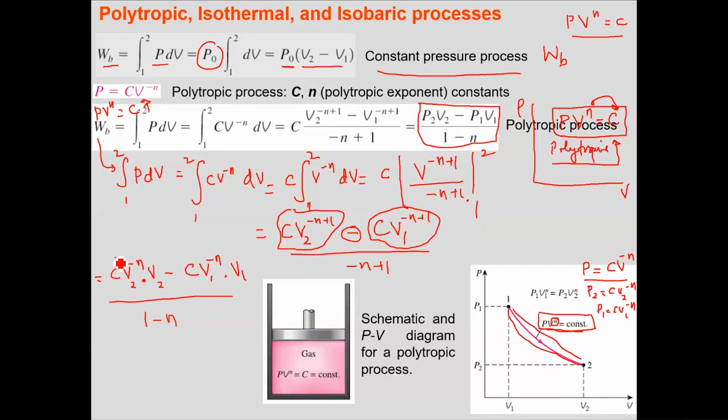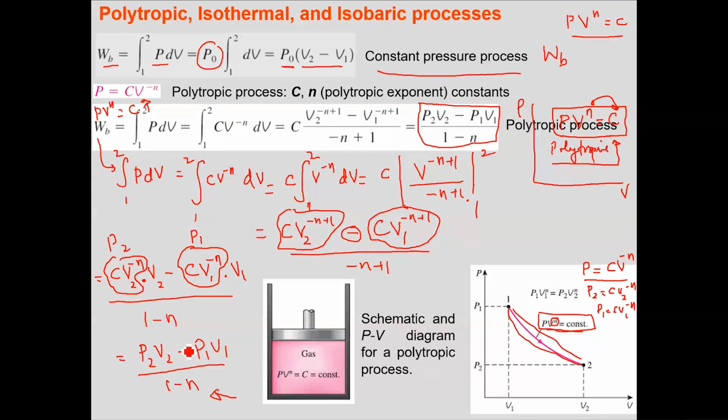So you can replace this expression over here with P2, and this expression over here with P1, and essentially you will have, for a polytropic process, the boundary work is (P2 V2 minus P1 V1) over 1 minus n. So this n would determine the amount of boundary work or the shape of the curve.